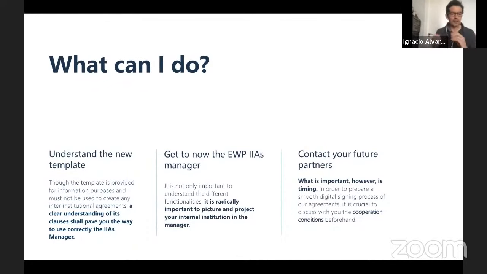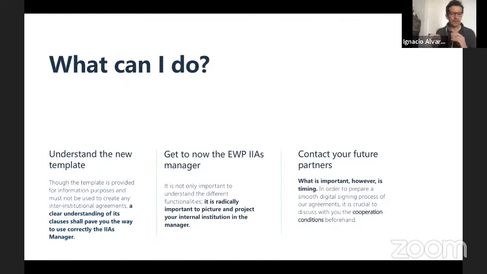The more we know about each part of the template of the agreement, which the Commission has offered for the sake of information, not for the sake of doing the actual negotiation and signing using those templates, the more we know, the better we will be able to interact with the different functionalities of the manager.